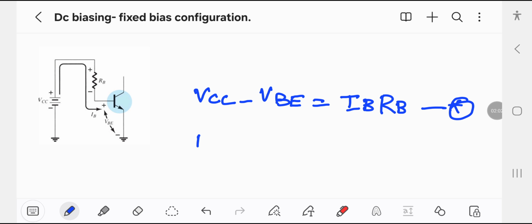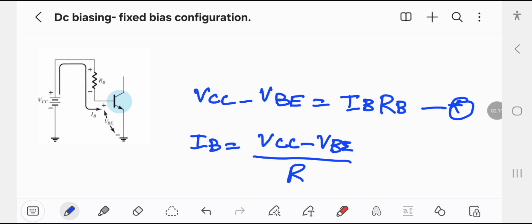From this equation we can easily find IB, and for IC we are going to use this equation. So let's put all the values here in this equation.